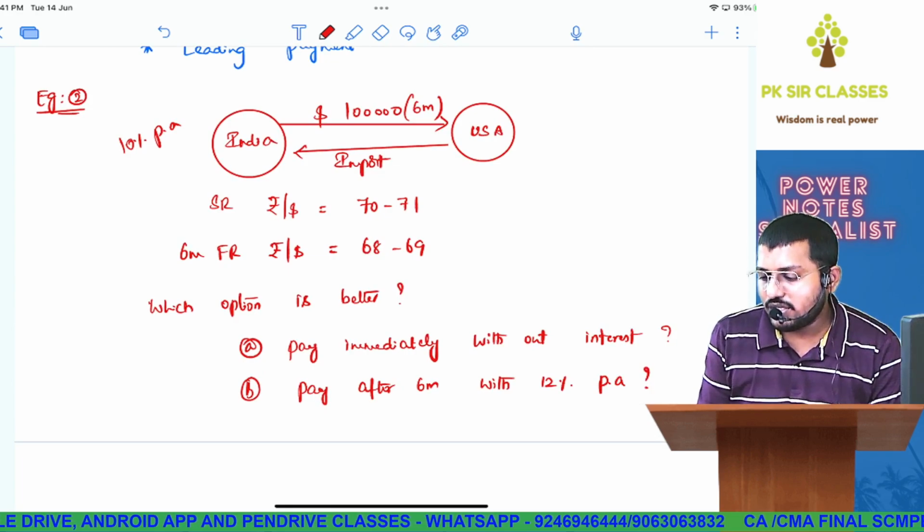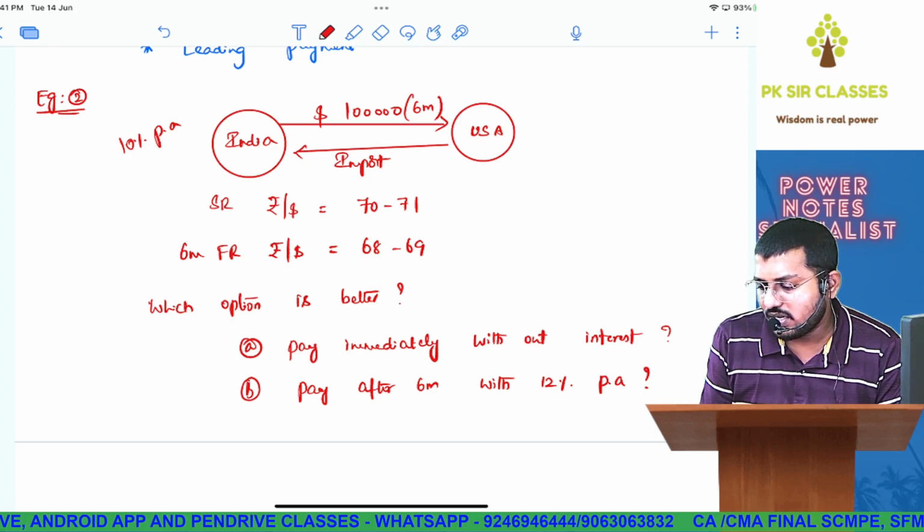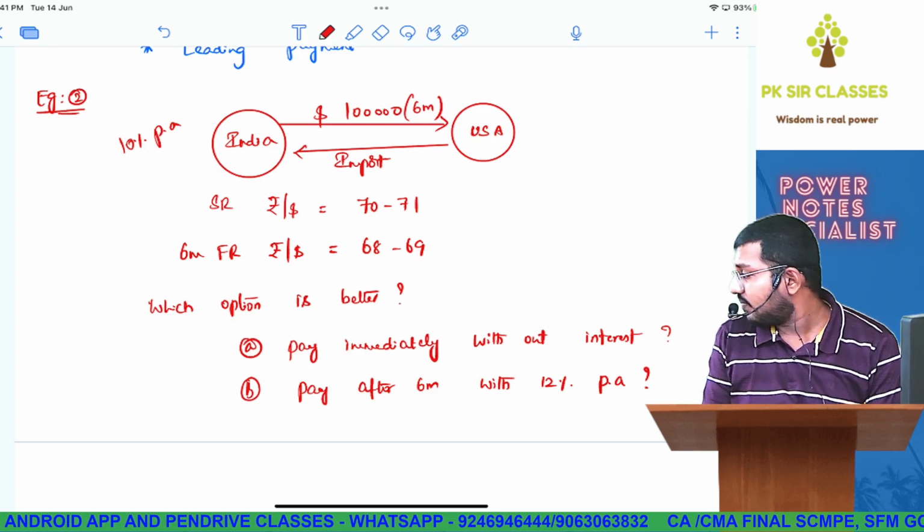That is what the USA party is saying to us. Are you able to understand? In India, the interest rate is how much? 10%. In this kind of situation, what will we do?